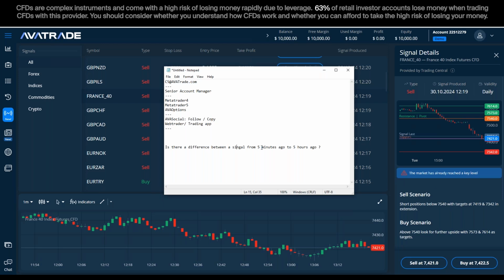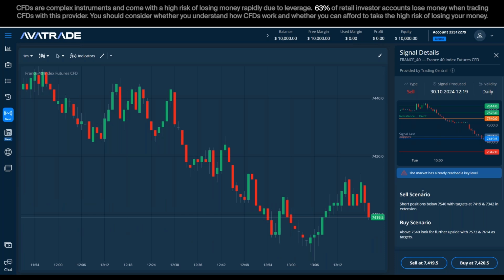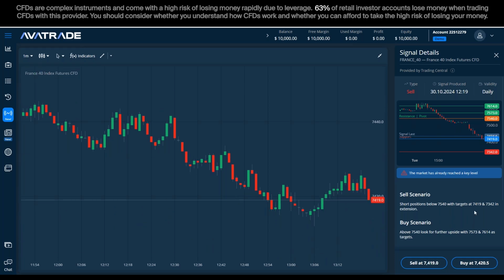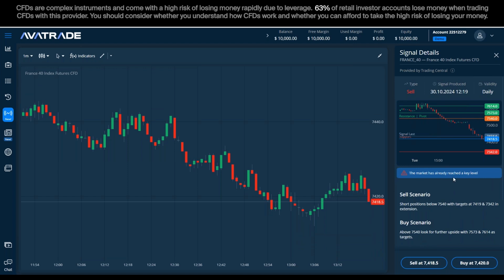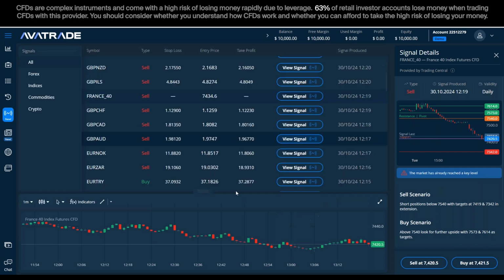So a signal from 5 minutes ago that is still fresh in the analysis is still open. That means both scenarios have a chance, which is very different from a signal that has already reached. And as you can see here, there are fewer levels than a healthy signal.